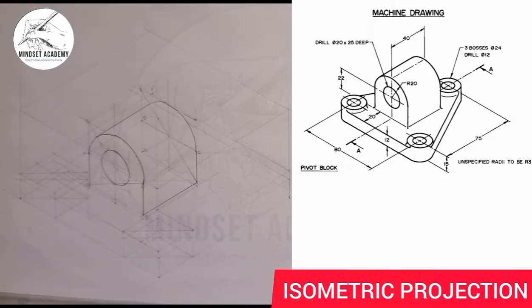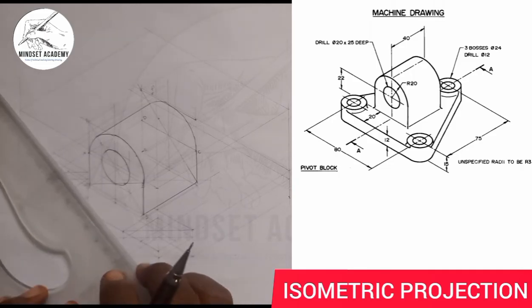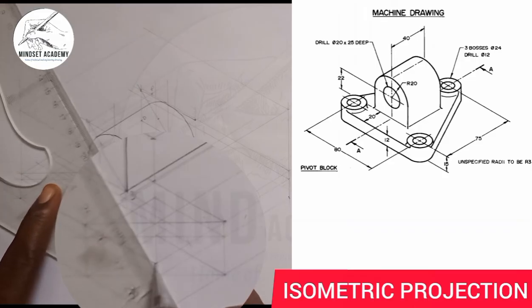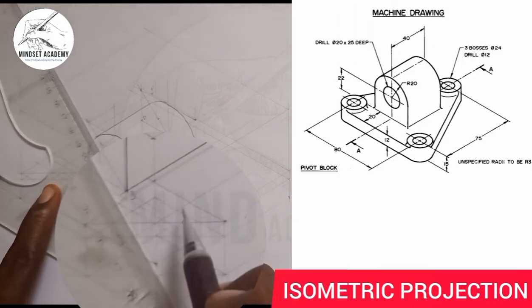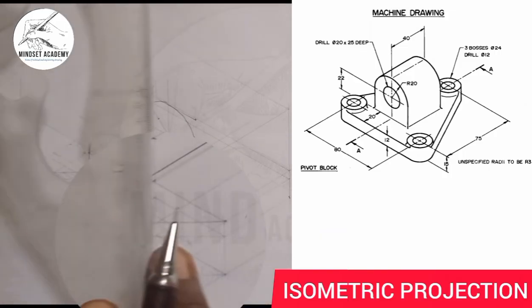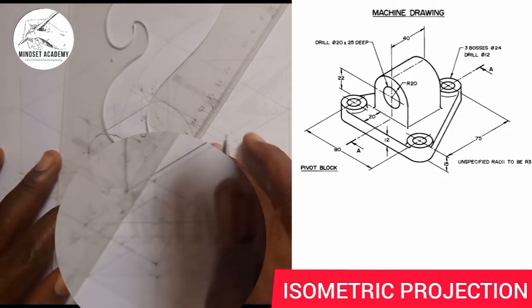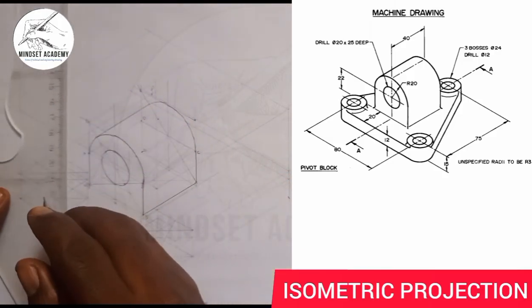Can you see that? Now from the top, I'll take a line to join from this point to this point, and from this point to this point. I'll do the same thing here too.